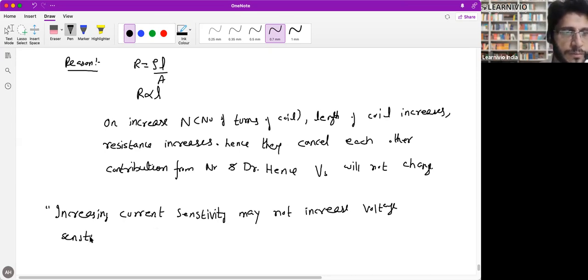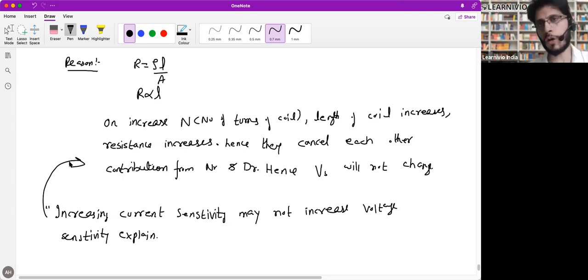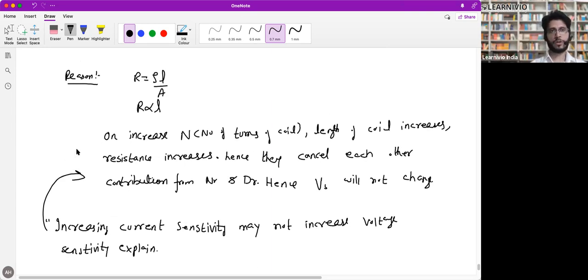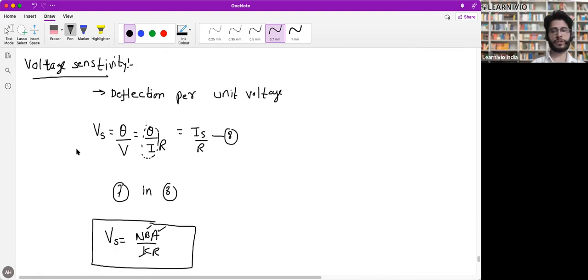Explain. So the explanation is this: if you increase number of turns, then current sensitivity will increase, but due to increase in resistance, voltage sensitivity will remain constant. Note it down, then we will do few questions on it.